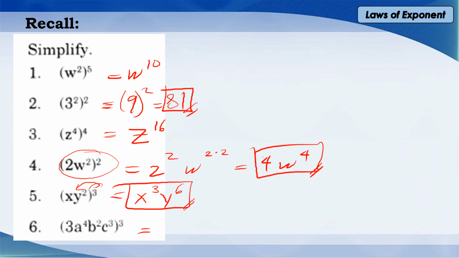Then 3 times 3 or 3 cubed, that is 27. Then a raised to 4 times, i-times natin yung 4 sa 3, kaya magiging a raised to 12. Then b squared times 3, kaya siya magiging b raised to 6. And then ito, pagta-times din natin, c raised to 9.